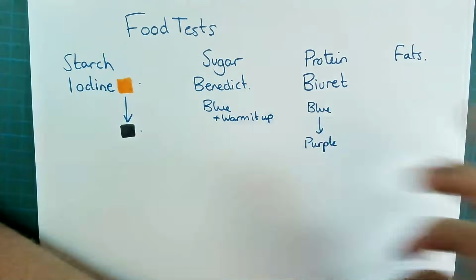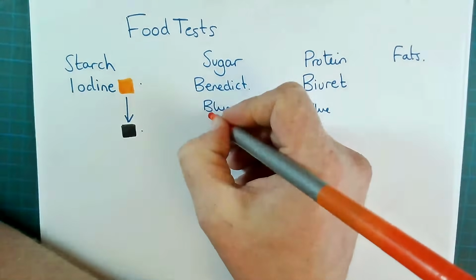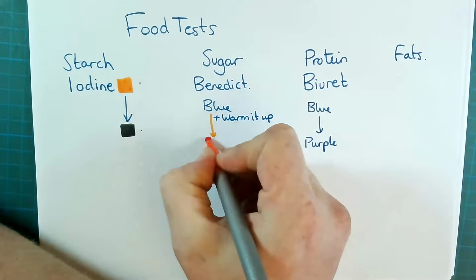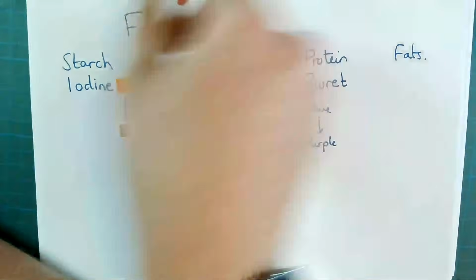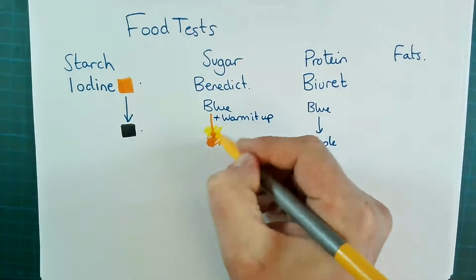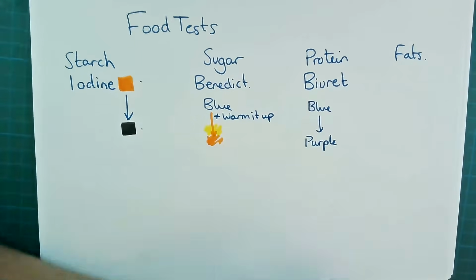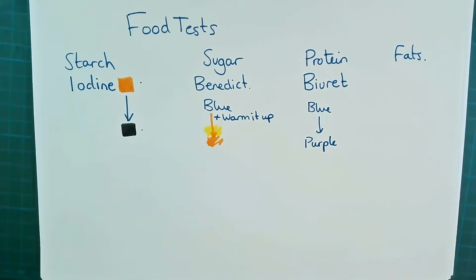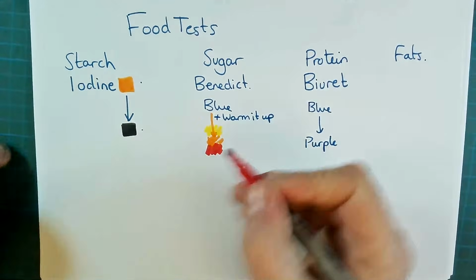Now what happens is it will start to go orangey if you've got some sugar. If you've got a little bit of sugar, it might go a bit yellow. Just showing off all the colours I've got next to me. And the end goal is a real red colour.